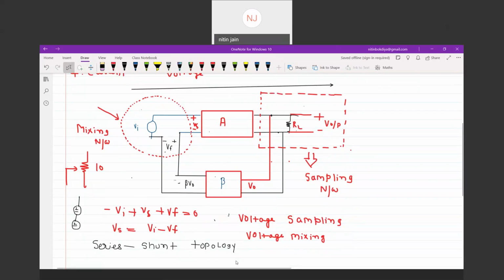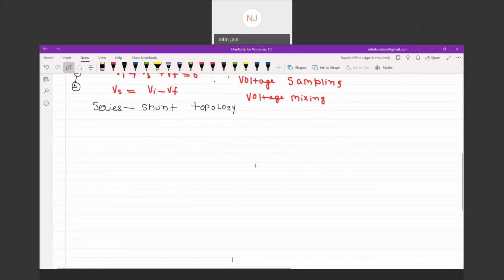So what do we expect from different types of amplifiers, except good gain? What is the requirement?